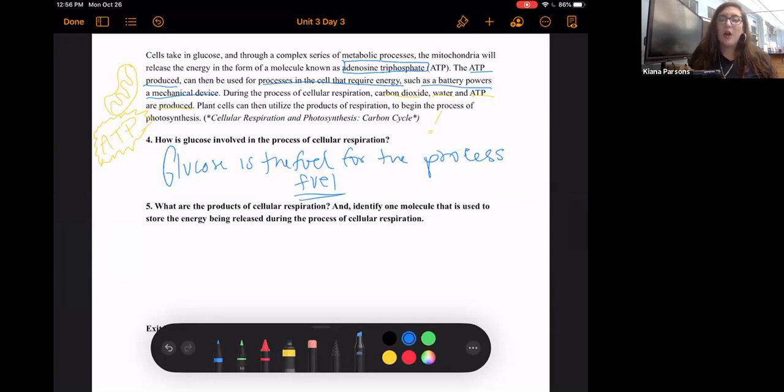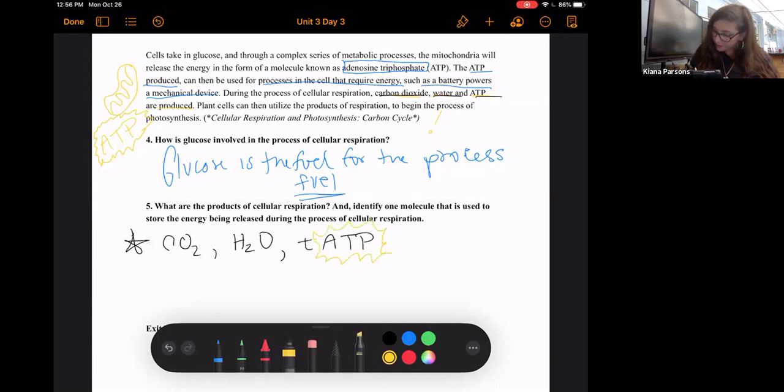And identify one molecule that is used to store the energy being released during the process of cellular respiration. So the products we have here are carbon dioxide, water, and ATP. CO2, H2O, and ATP. And ATP is the one we need, right?